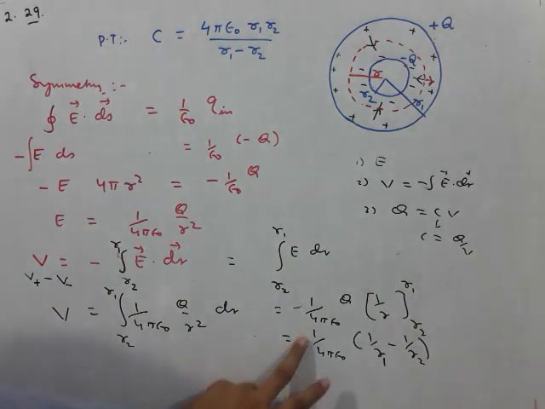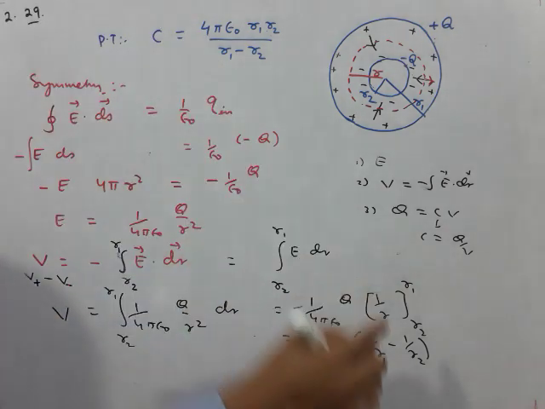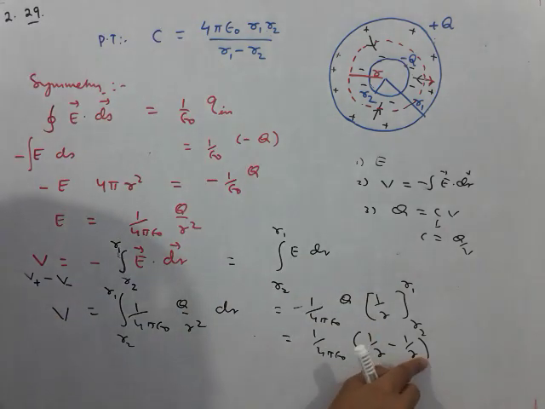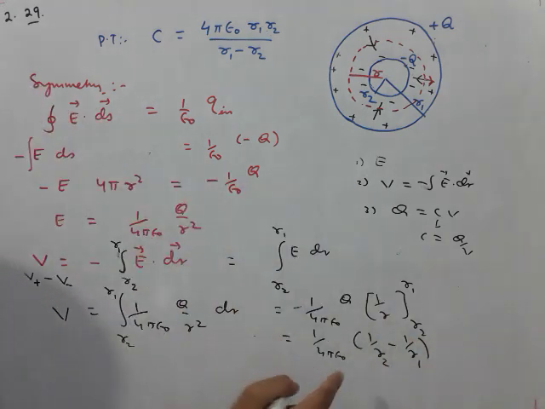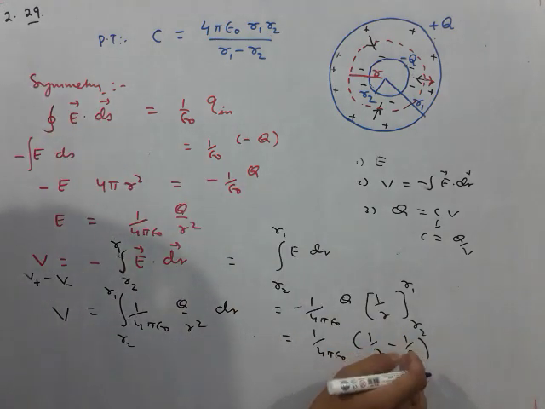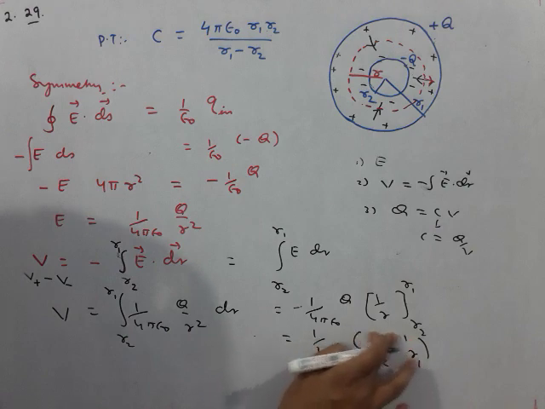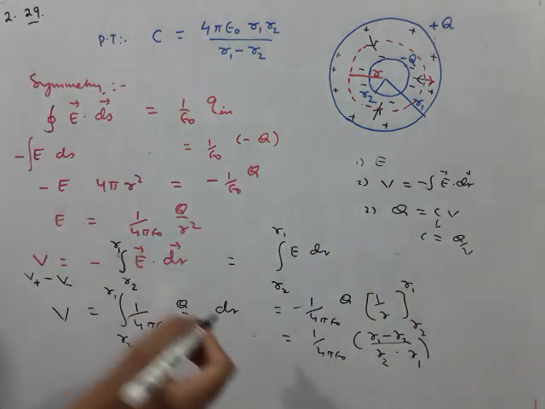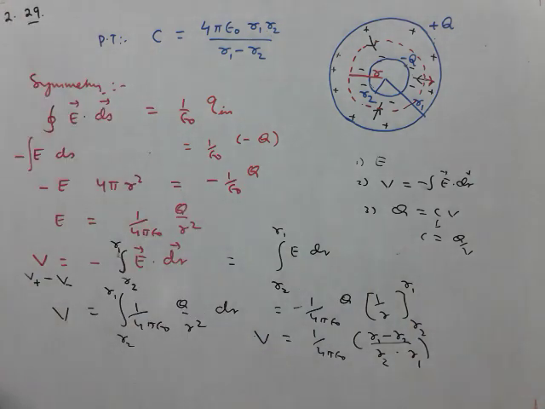So minus, I can take it inside, then this will flip, it becomes R2 and this becomes R1. So we can take LCM, this will become R1 into R2, and here we will have R1 minus R2. So this is our V. So our step number 2 is also finished.